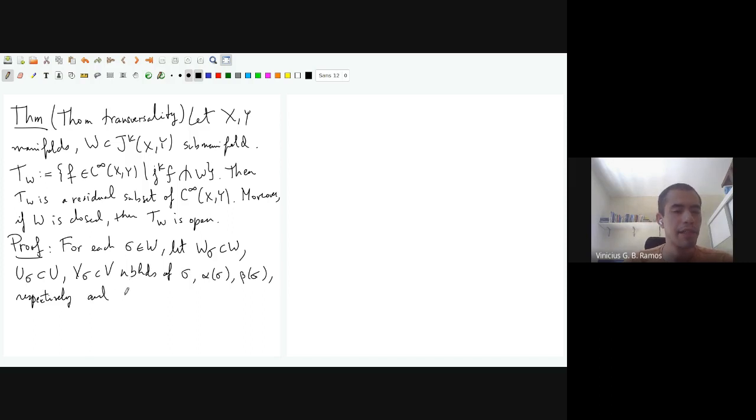And I'm going to choose charts phi sigma from U sigma to R^n, and psi sigma from V sigma to R^m, such that I choose small enough neighborhoods in these manifolds with the following properties.